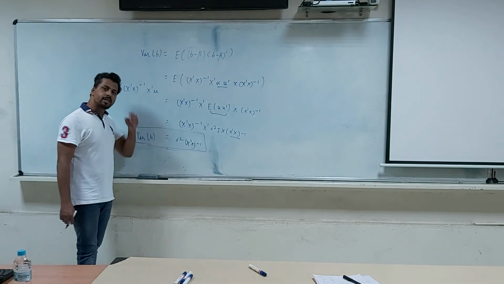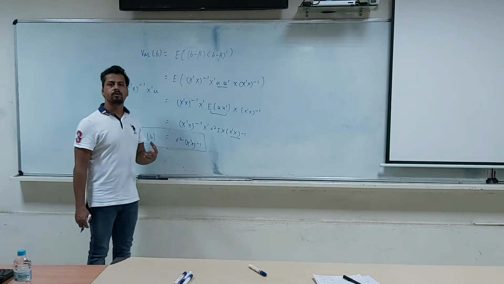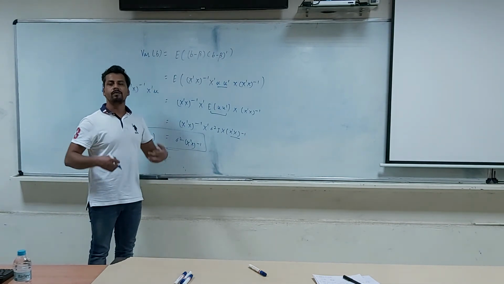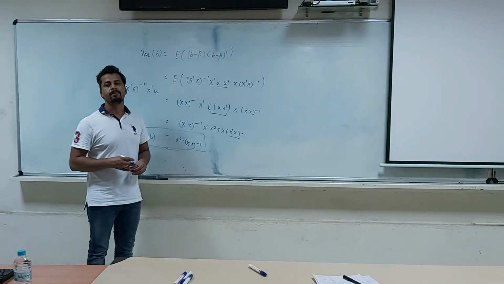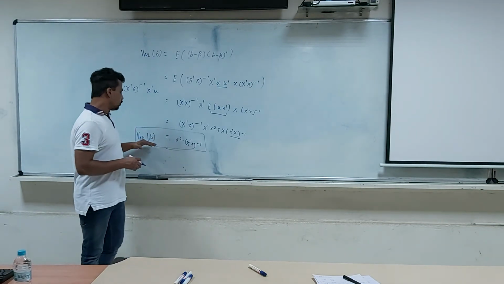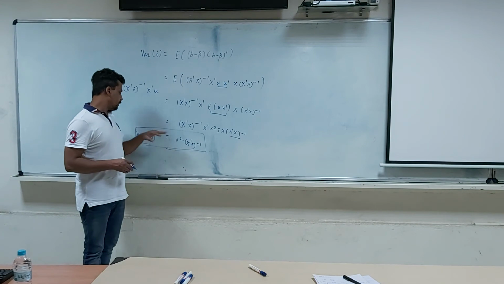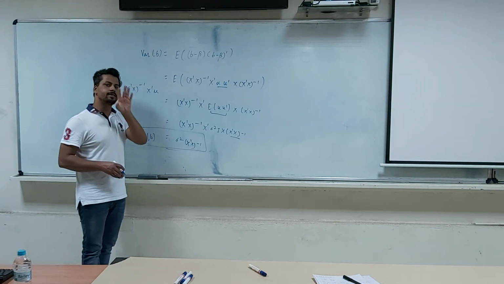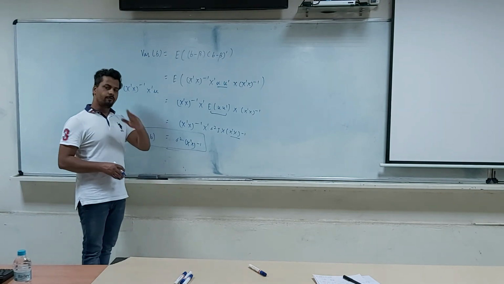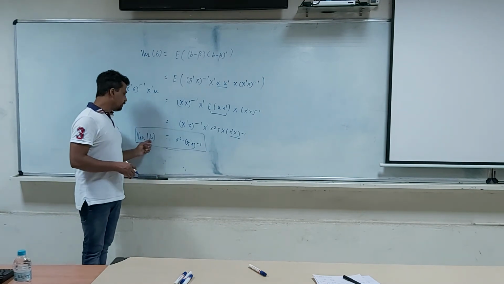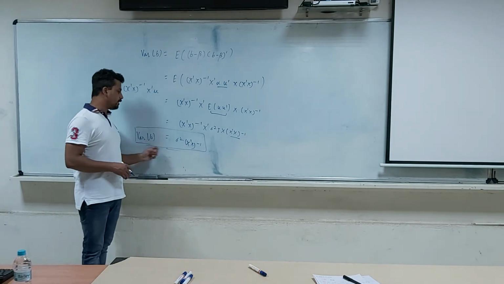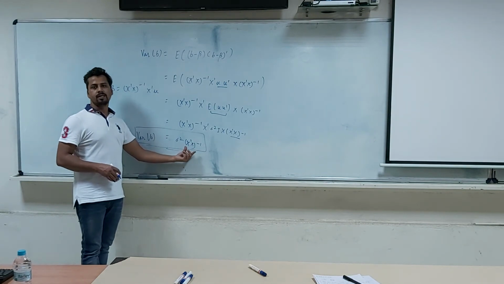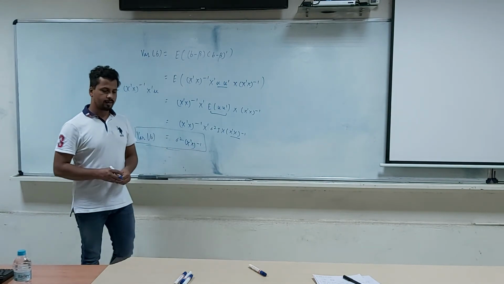Where do I need variability the most? When we talk about confidence intervals, hypothesis testing, and inferences. To derive this variance we have assumed spherical disturbances of the error term. If those assumptions are violated, then the variance of beta will no longer be this term. Remember this.